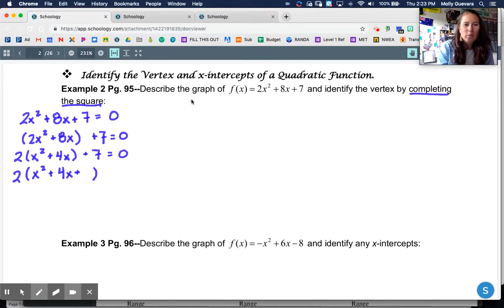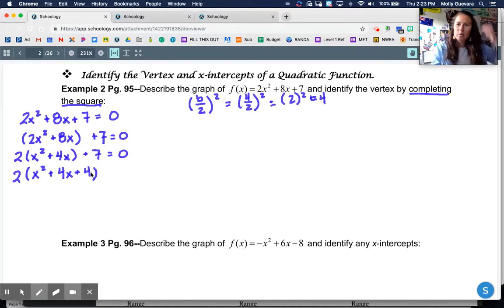Okay, and so the way that we find that is we use b over 2 squared, where b is your middle term, right? Remember a, b, c? But we're not using the original b, we're using the new b, which is 4. So 4 over 2 squared, which is 2 squared, which is 4. So I'm going to add 4 here.